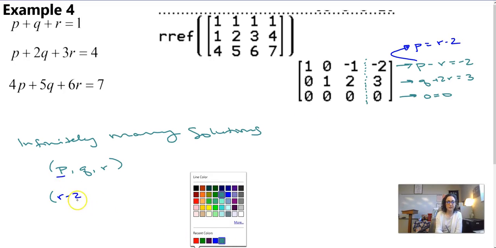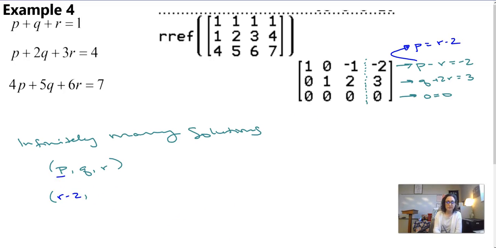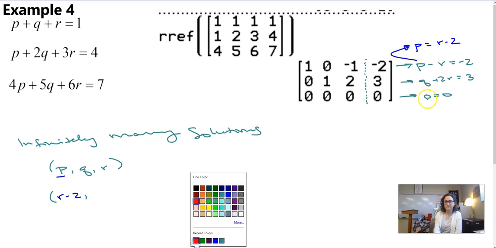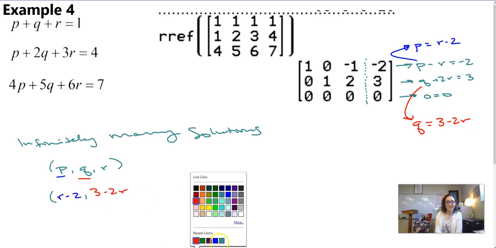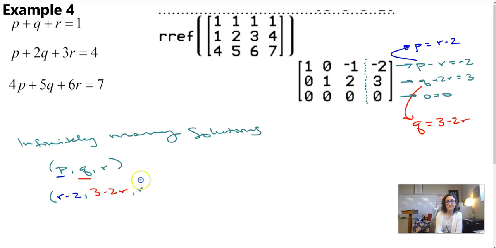All right, now let's do the same thing for Q. So take that middle equation and get Q by itself. So I would subtract 2R. So Q equals -2R plus 3 or 3 minus 2R, either way. So for Q, I have 3 minus 2R, and R is just R, okay? So now, even though there's infinitely many solutions, I've got a format.